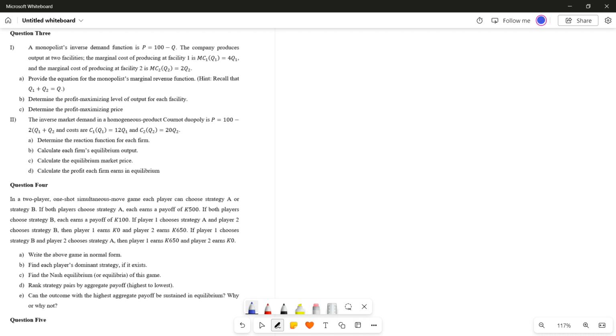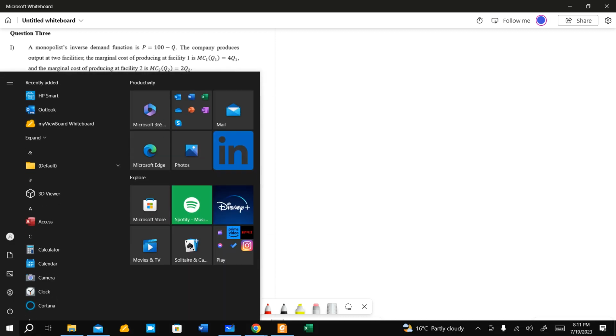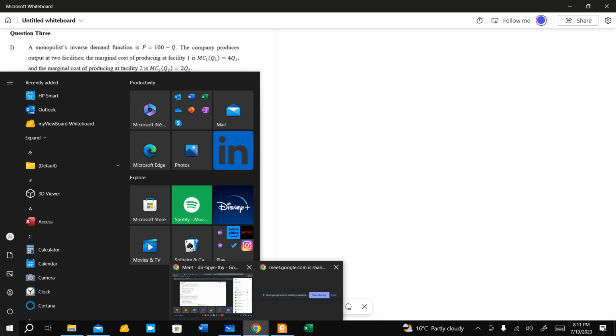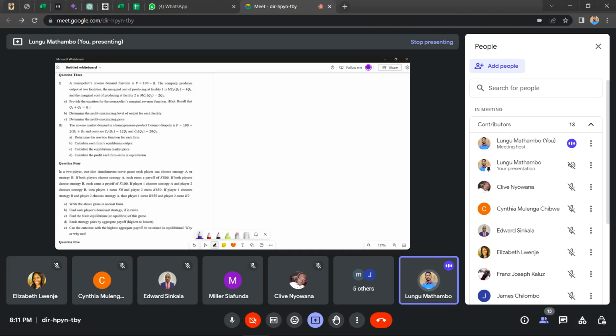So in this case we have a Cournot duopoly where these firms are facing an inverse demand function. Last time we said that an inverse demand function, and I'm not writing anything, I'm just explaining now, is one that starts with P, where price is made the subject, right?